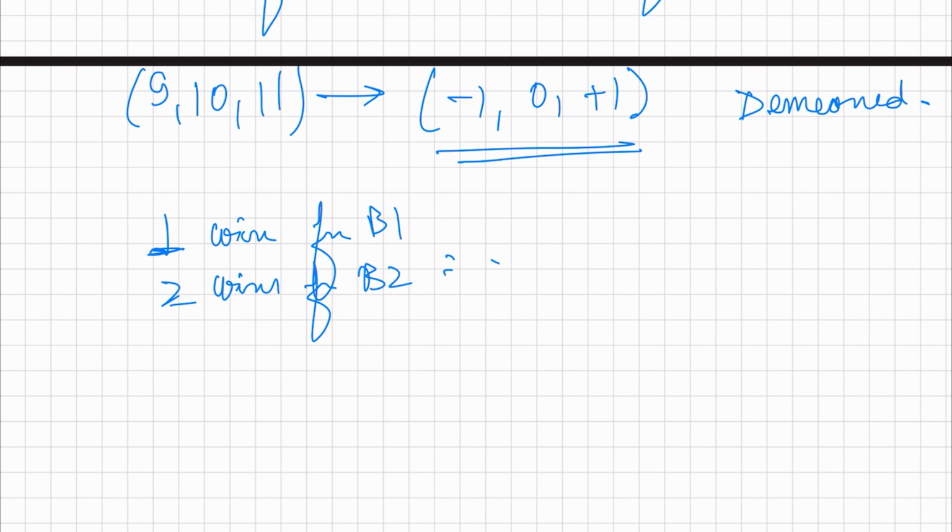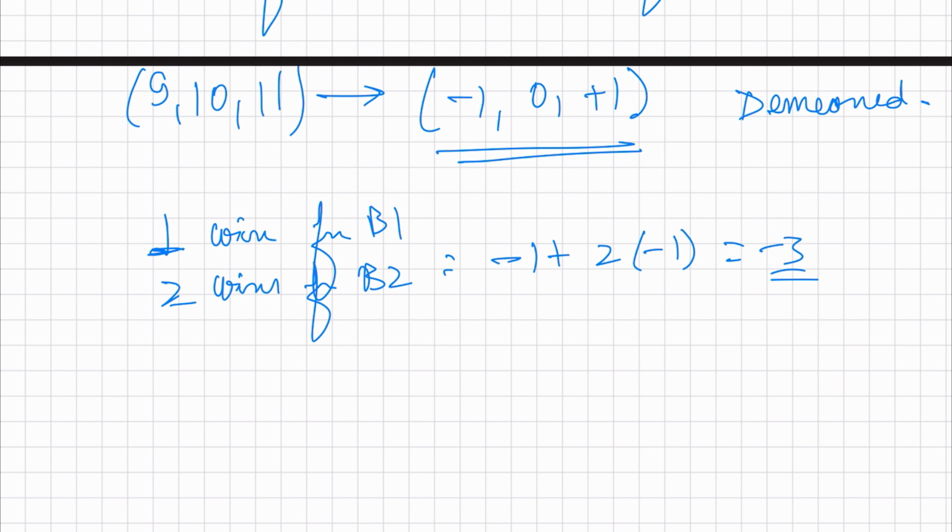The weight is going to be -1 plus 2 times -1, right? That's -3. It's a demeaned form. Essentially, if you had 9, it's 10 into 3 minus 3, and that's 27, right? But in a demeaned form, just for the sake of simplicity, it's easier to understand.